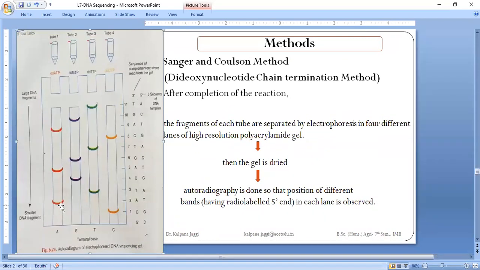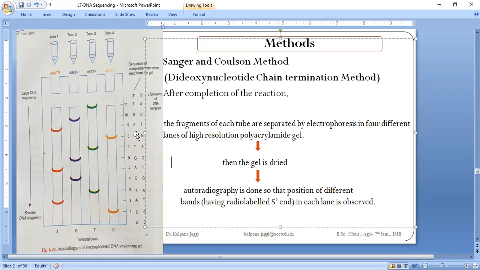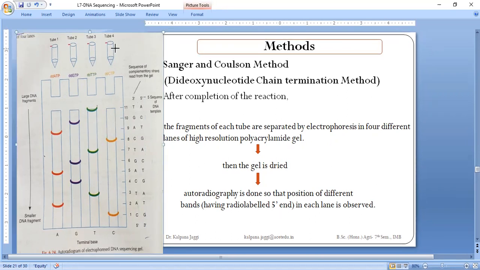Because there is no attachment of the radio label, so it is no more visualized, and this is the sequence that we will be finding out, because this is the sequencing that is done with the help of ddNTPs. So where ddNTP gets itself incorporated, there only we will be analyzing the sequence, and that will be the exact sequence, right?